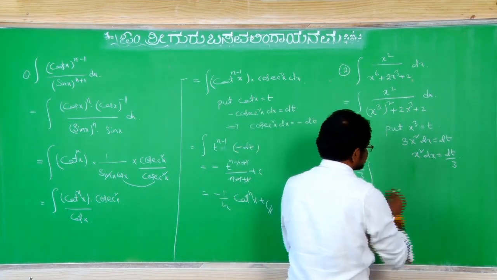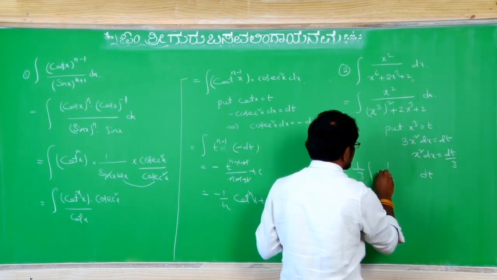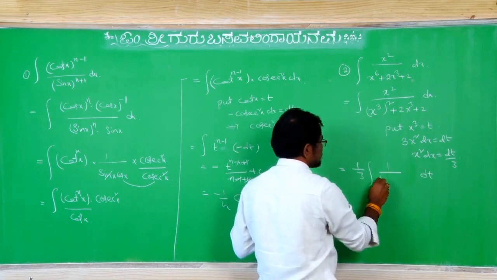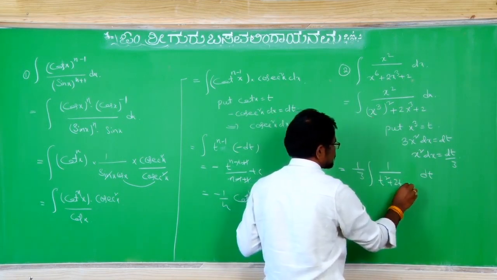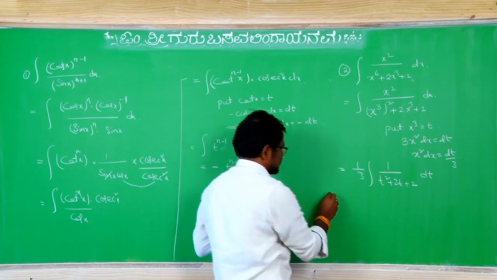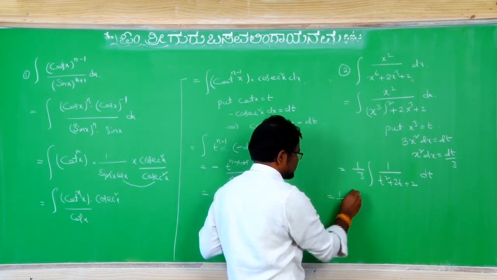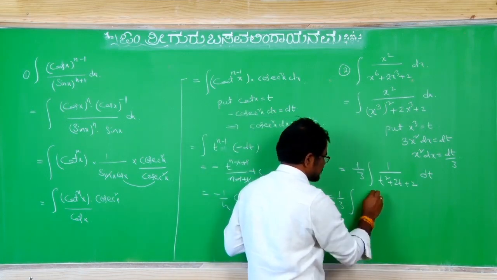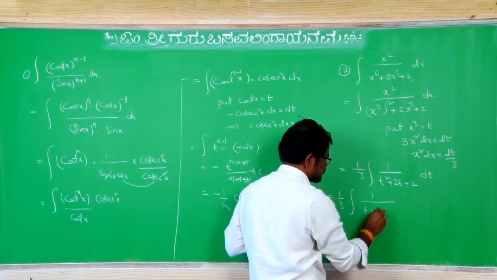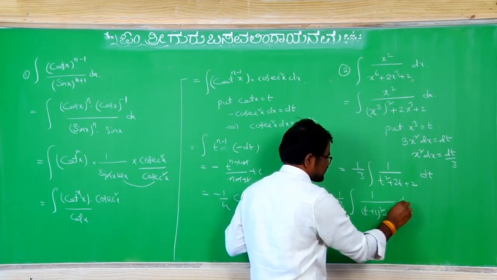And now 1 by, this is t square plus 2t plus 2. That is equal to 1 by 3 integration of, this can be written as 1 by (t plus 1) whole square plus 1.